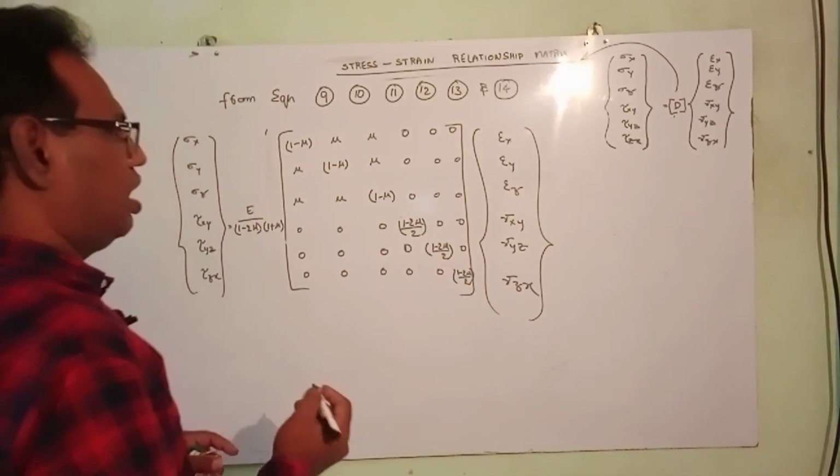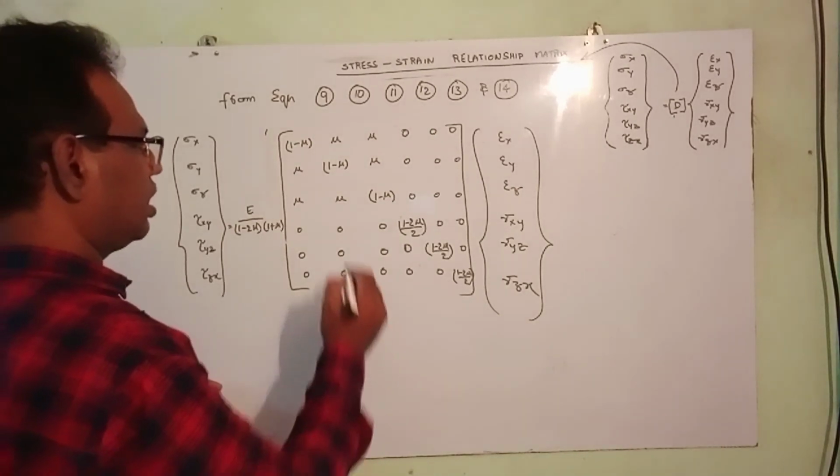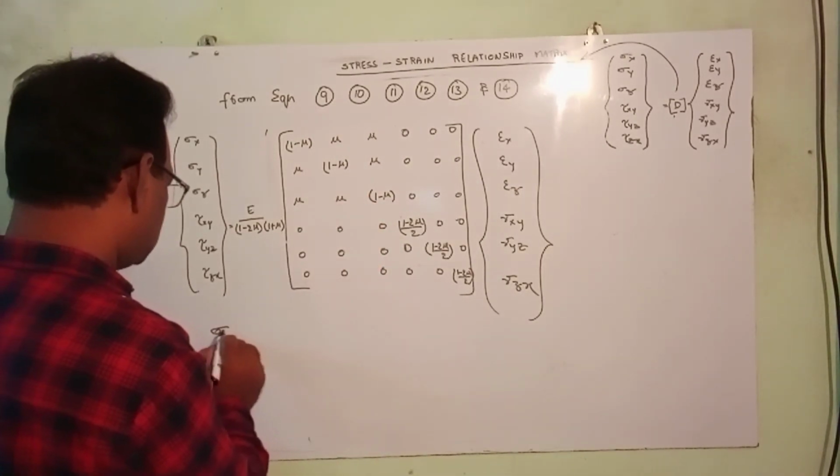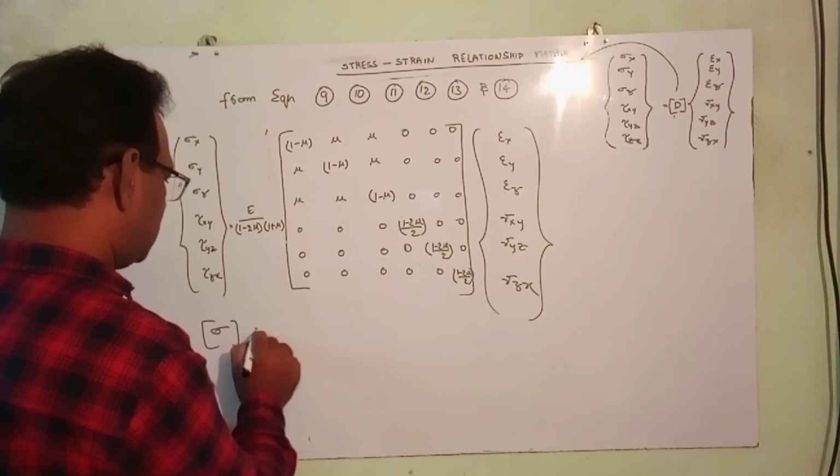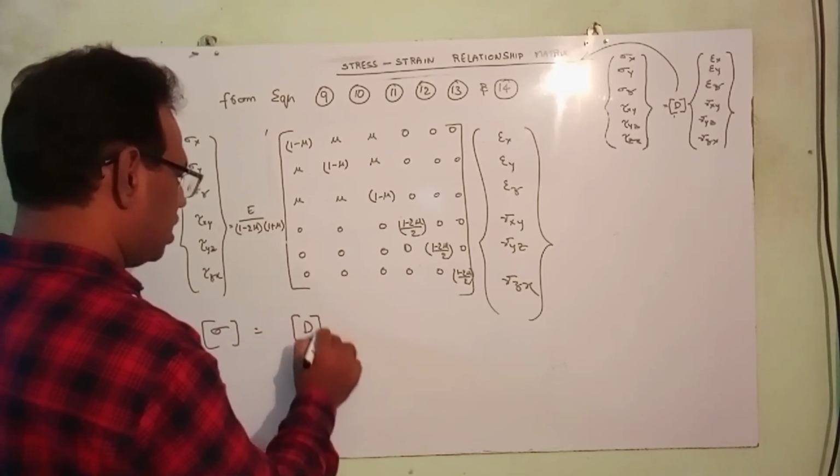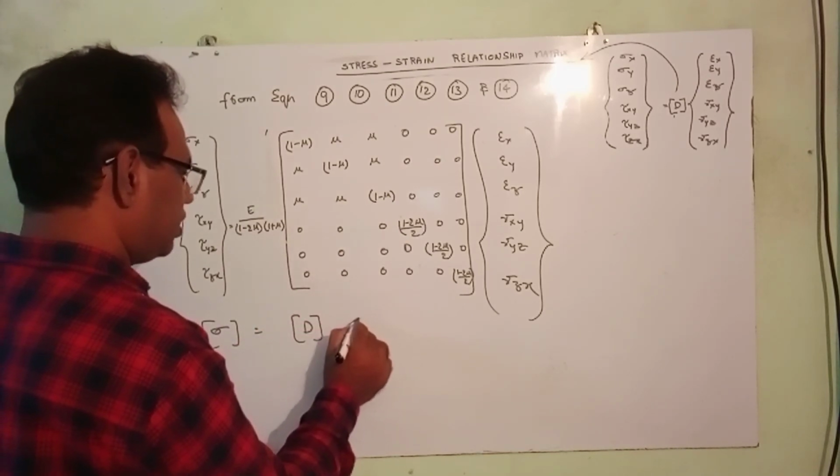Like this. This is the sigma stress vector, this is the D matrix, and this is the strain vector.